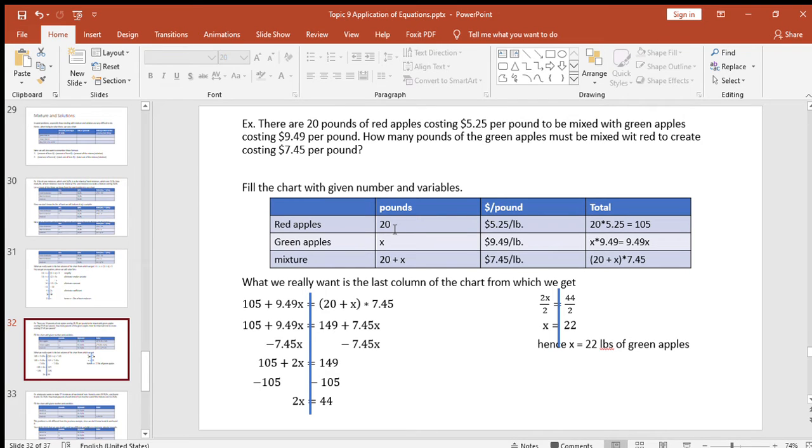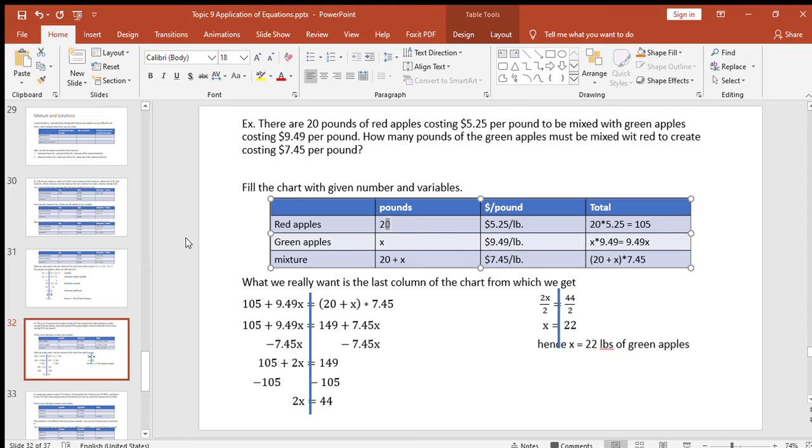So again, what we're going to do is fill in the given numbers and fill in the blanks too. In this case, 20 pounds of red apples is given, so we put it here. All the rates are given, so we write them here.